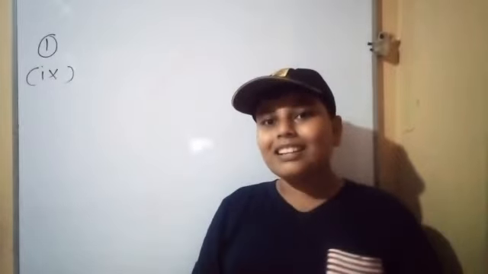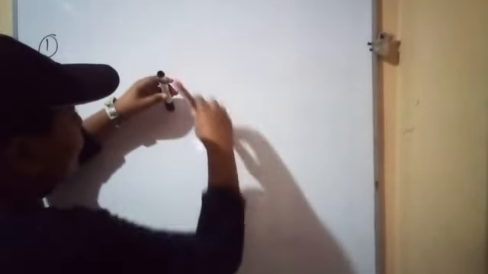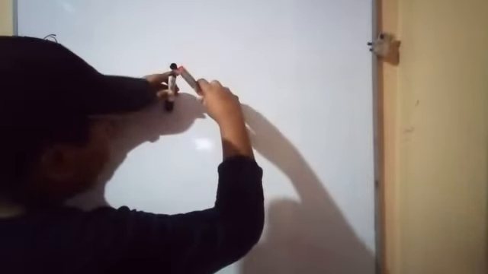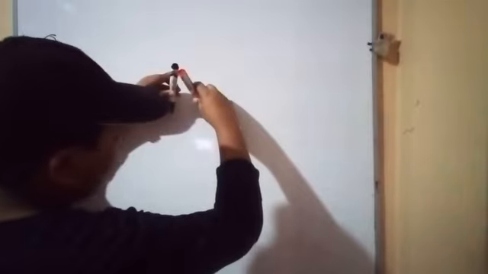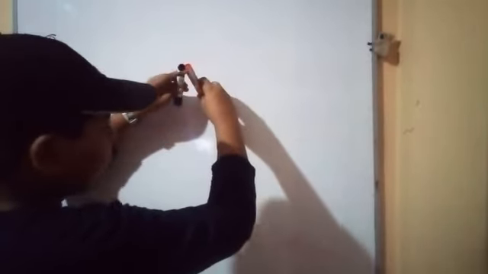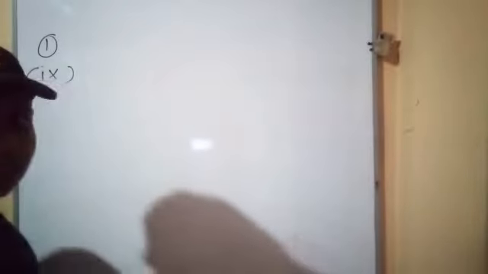Now you have the circle. This is the compass point and this is the pencil. Keep the compass point at 0 and the pencil at 4 centimeter, place it on the sheet of paper and draw it.